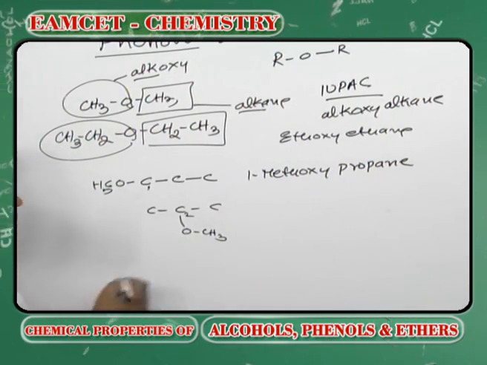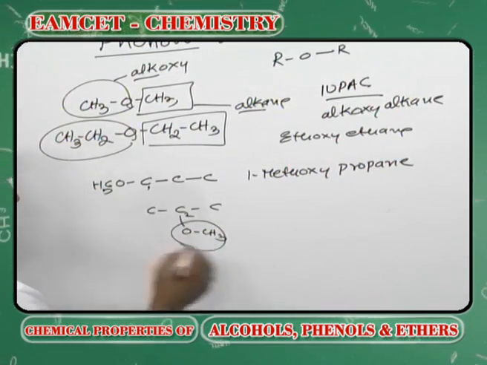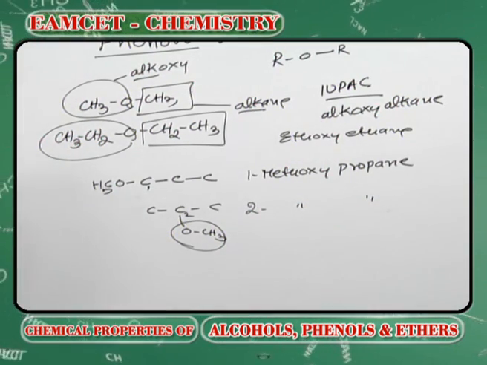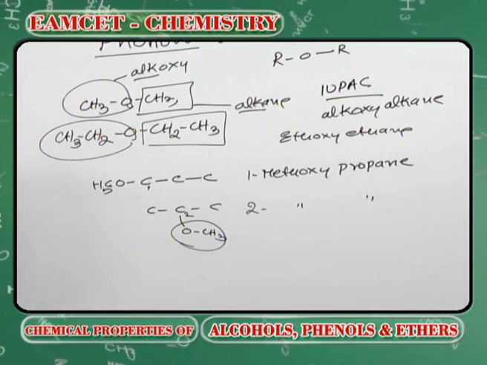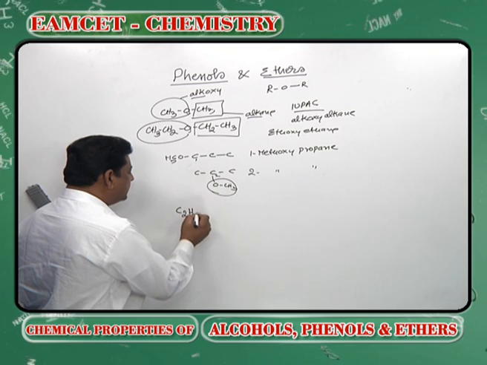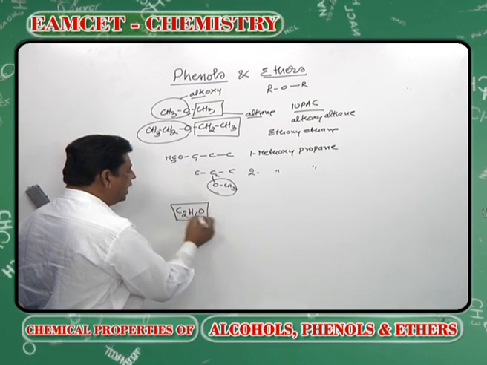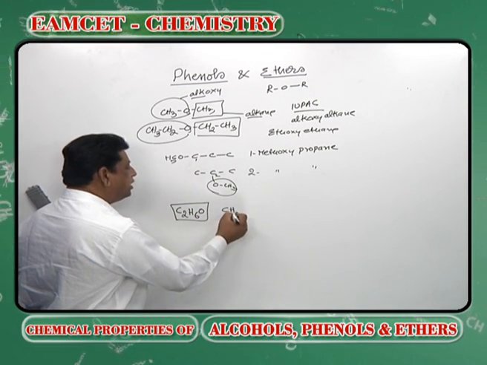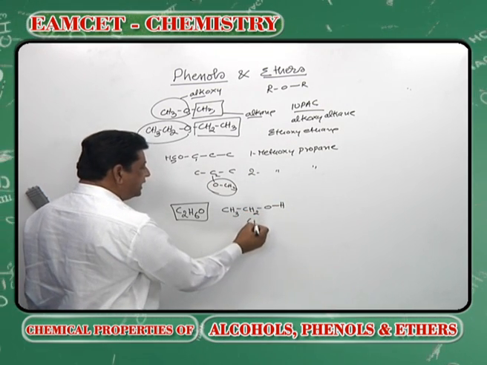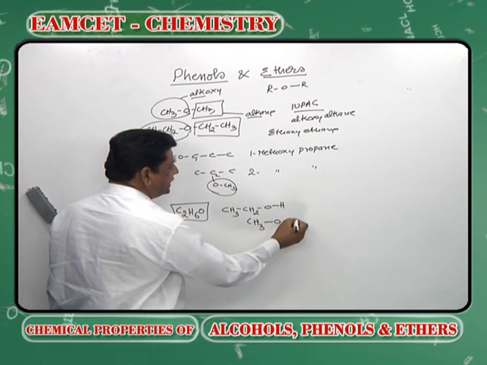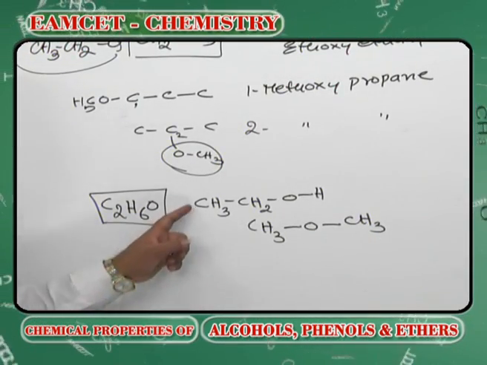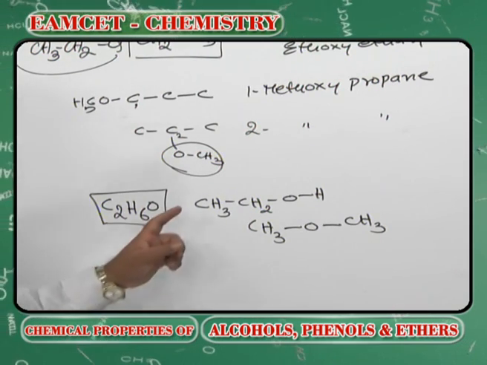The second one is known as 2-methoxy, the methoxy is on the second carbon. So, 2-methoxypropane. Like that you can have this one. The ethers have one speciality. For example, if you have C2H6O, with this formula you can write a compound ethanol, CH3CH2OH, as well as CH3OCH3. These two compounds differ in the functional group itself, therefore they are called functional isomers.